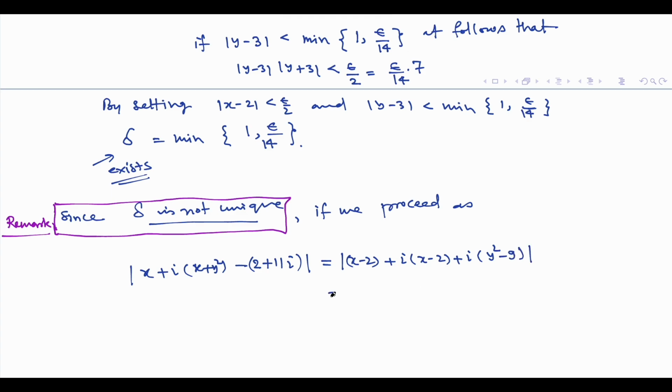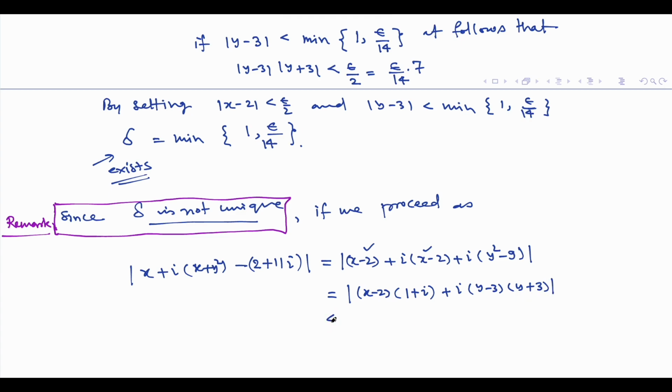Now I'm writing in some different way. I'm taking the common factor, so I'm going to get (x minus 2) times (1 plus i) plus i times (y minus 3)(y plus 3), right?